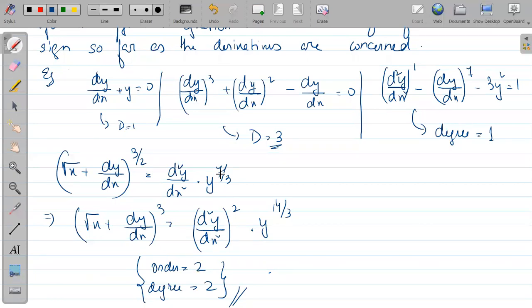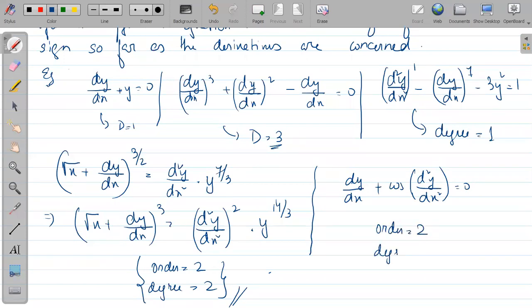We cannot comment. Very simple, I guess. Suppose let's have an example. I am taking dy by dx plus cos of d square y by dx square. Yes, can you tell me what is the order?